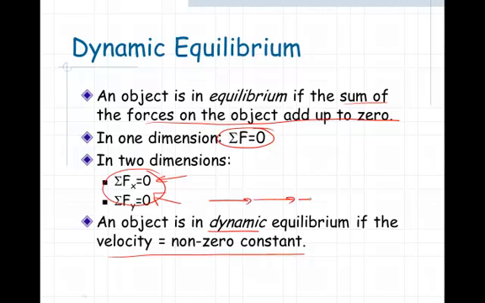So a motion map would look like this, where the object has constant velocity, in this case to the right, but the acceleration is 0, or it could be moving in the opposite direction. Compare this to static equilibrium, where the object is not moving at all. But in dynamic equilibrium, the object is moving, but with constant velocity.